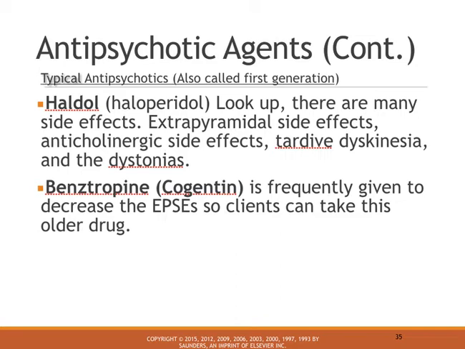The other typical or first generation antipsychotic is Cogentin, and that one is used frequently to decrease extrapyramidal side effects. So patients can take an older medication, they've got some EPS side effects, and we're going to give them Cogentin to help manage those side effects.